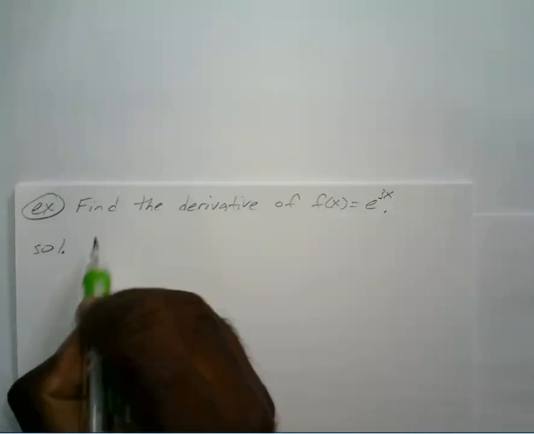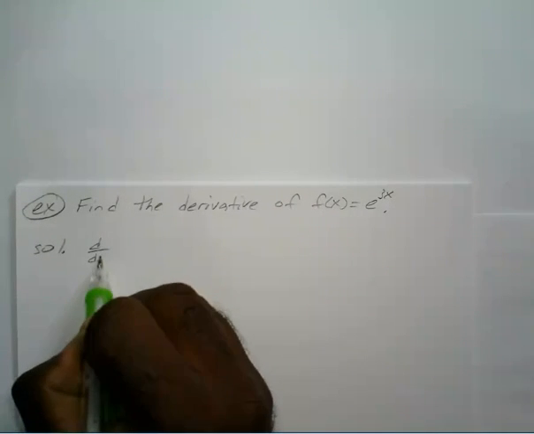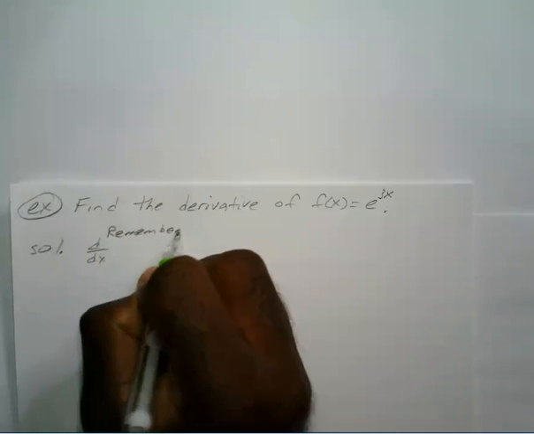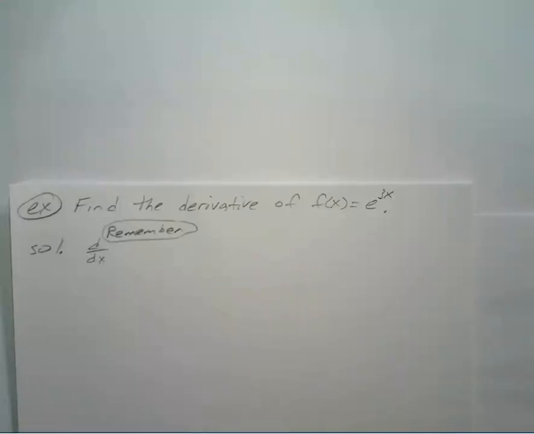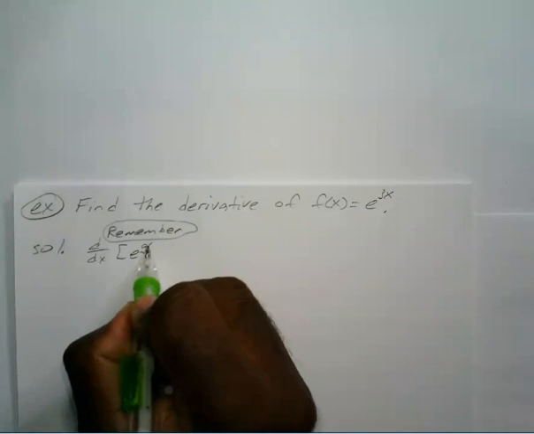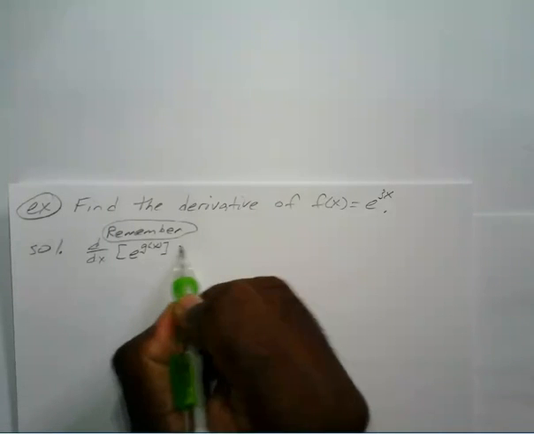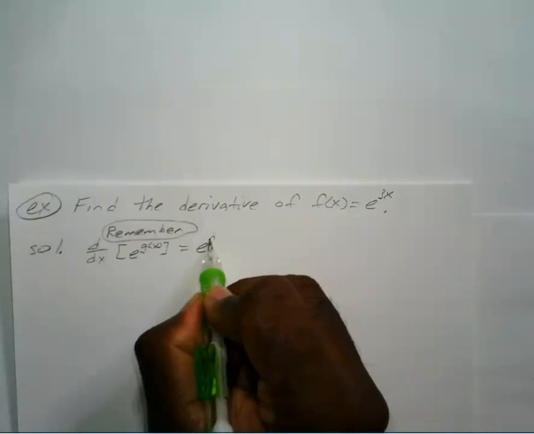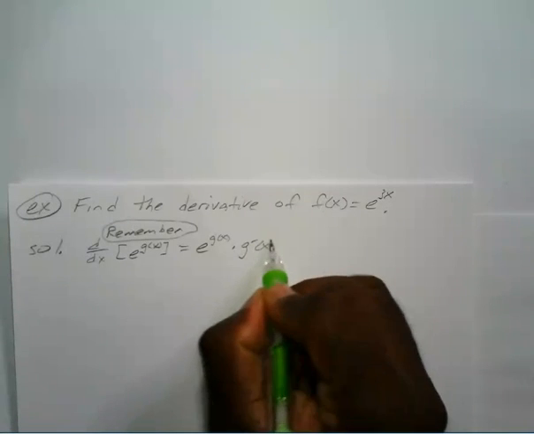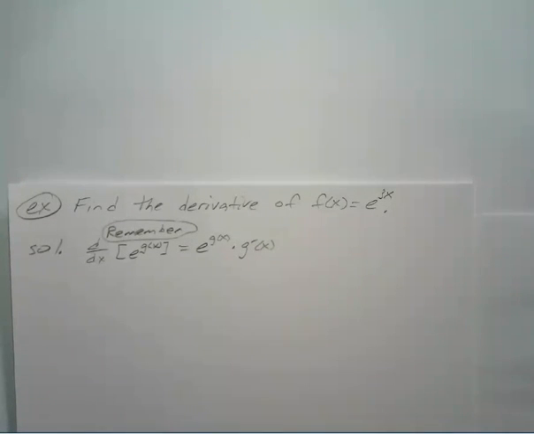With this one, remember: the derivative of e to the power of a function of x is equal to e to the power of that function of x times the derivative of that function.